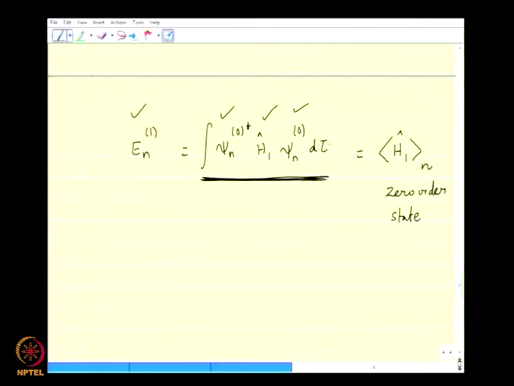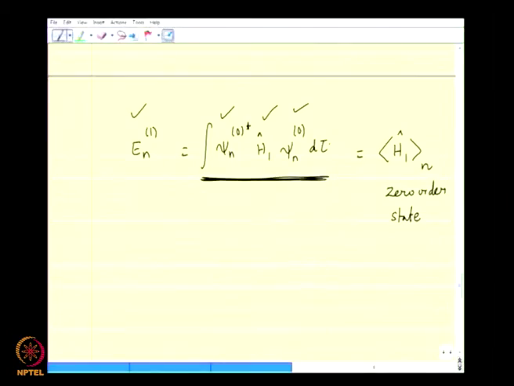The other terminology for this is that if you write the Hamiltonian in the form of a matrix using all these wave functions as columns and rows, then this is called the diagonal matrix element of the perturbing Hamiltonian in the eigen basis set of the zero order Hamiltonian. If that is long, let us write it down.